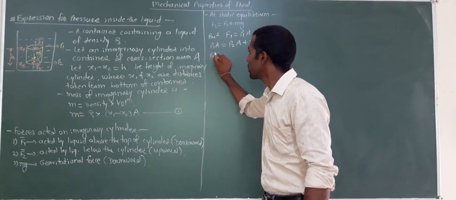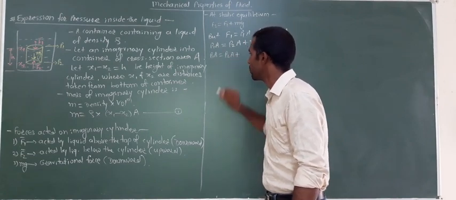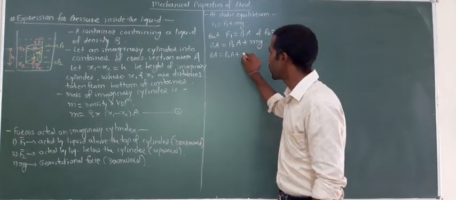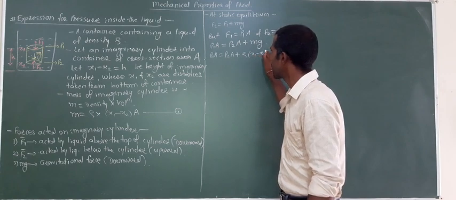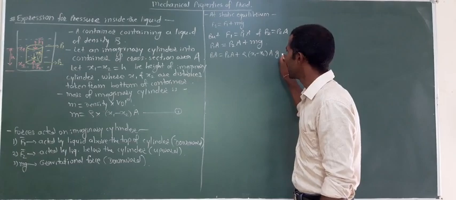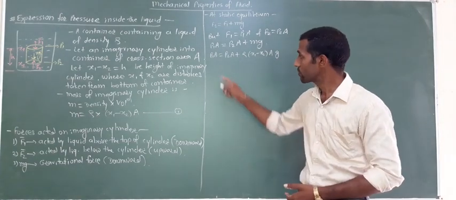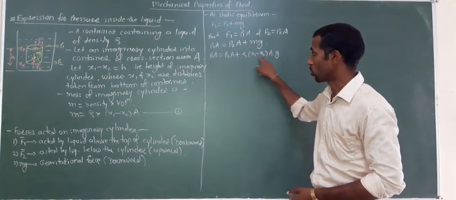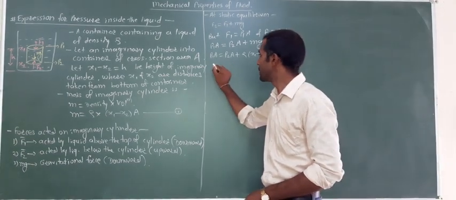You will get P1A is equal to P2A plus, what is m? Rho into x1 minus x2 into A, and acceleration due to gravity remains as it is. Area of cross section of the cylinder can be cancelled here.